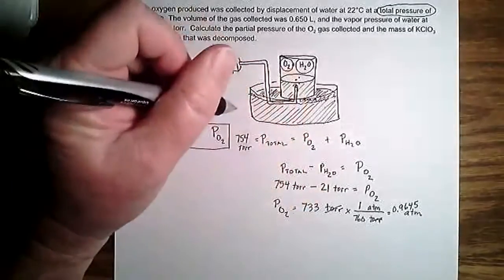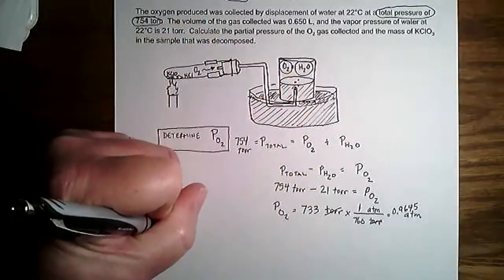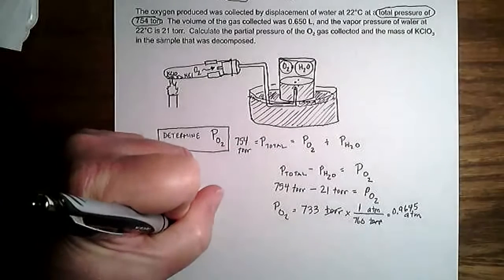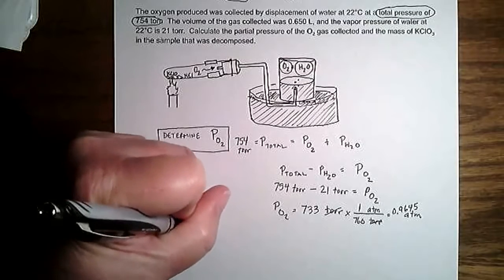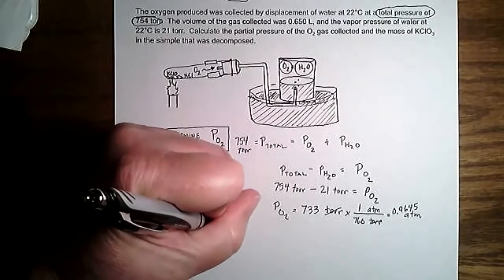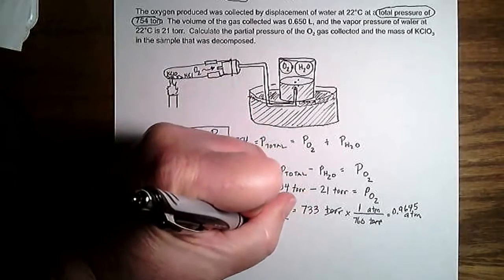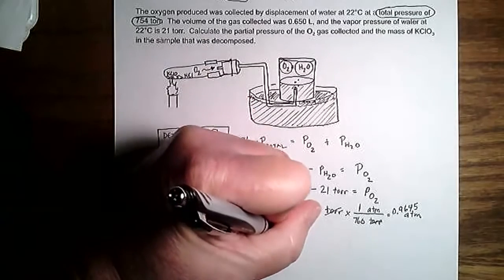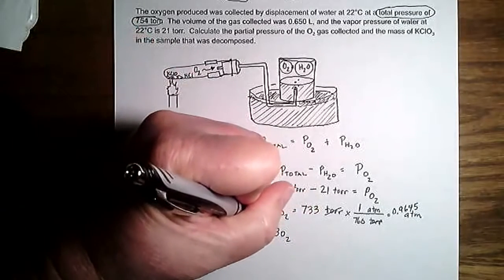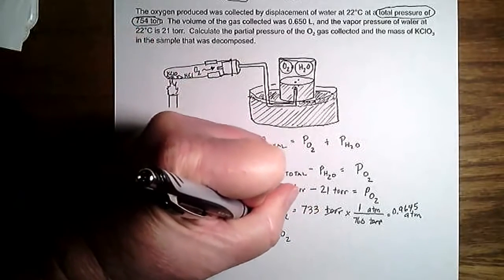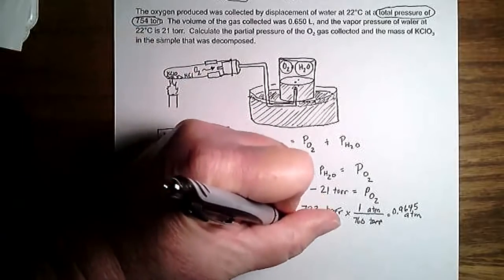Okay, so I now know what that pressure is. What else do I know about this O2? You know what I'm going to do is I'm going to rewrite the reaction here. So I've got 2 KClO3 yields 2 KCl plus 3 O2. And I know the pressure of the O2 was 0.9645 ATMs.